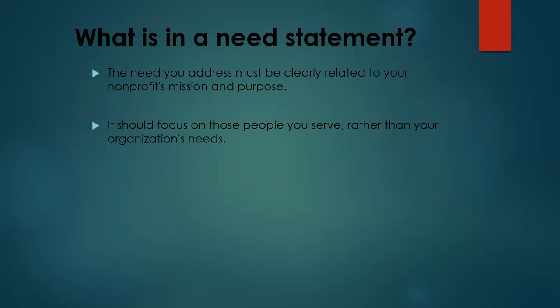I know funders pull their hair out when they say, no, you're talking about your organization. That's not the problem. The problem is that young people need help. It's not the fact that you don't have money. The funder will, look, they won't even read the rest of your grant if you put that in as part of the problem.